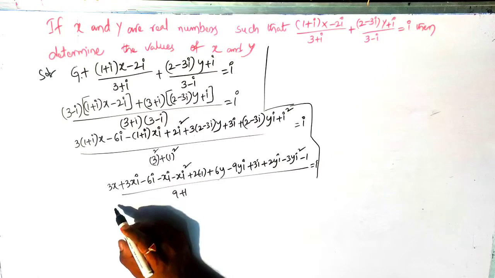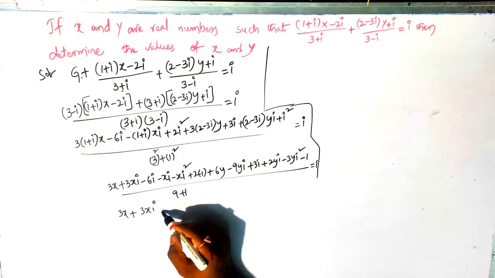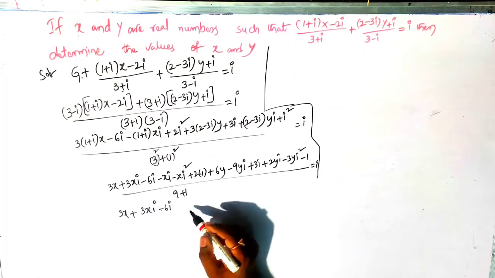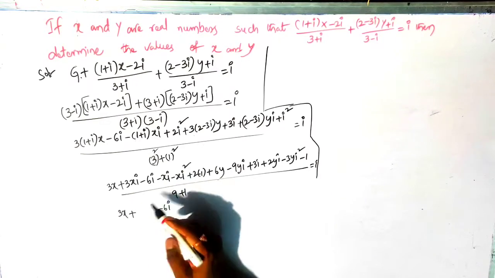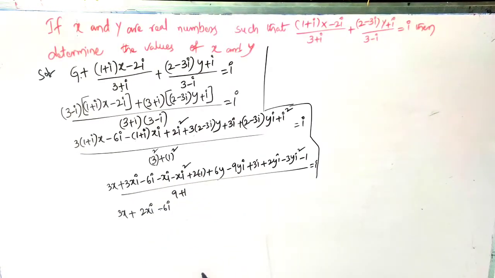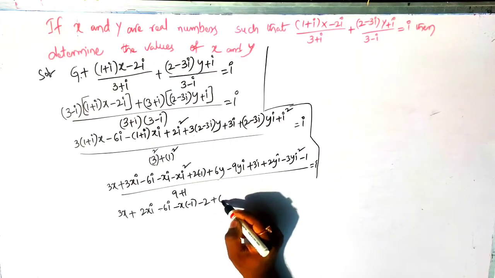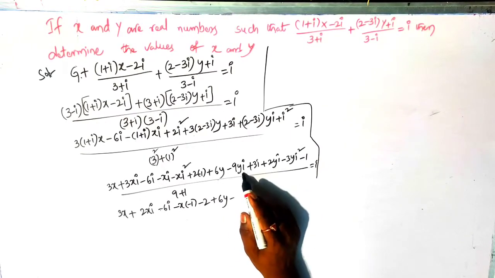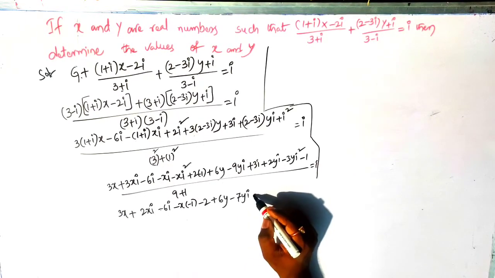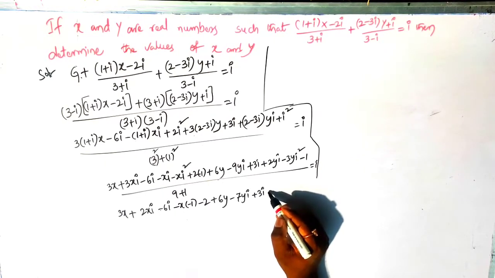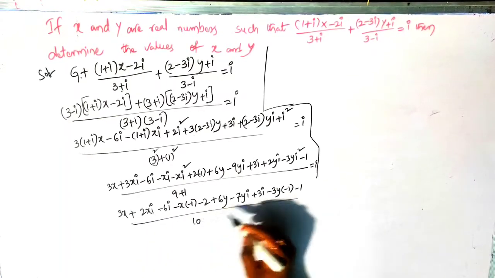Okay, now 3x plus 3xi minus 6i. So 3xi minus xi, 2xi, minus 6i, minus x of minus 1, minus 2, plus 6y minus 9yi plus 2i, that is nothing but 7yi, plus 3i minus 3y of minus 1, by 10 is equal to i.